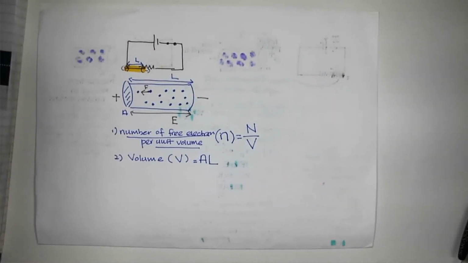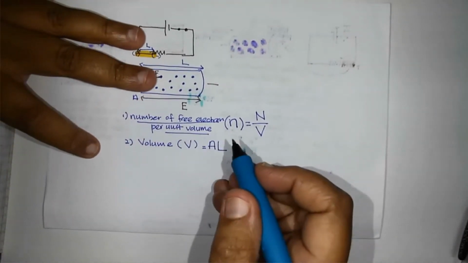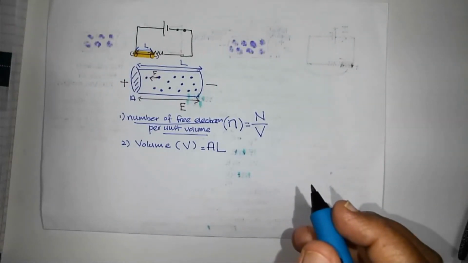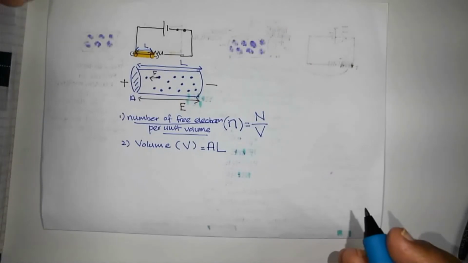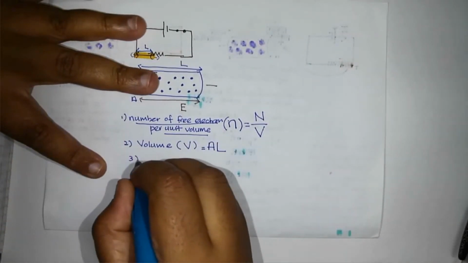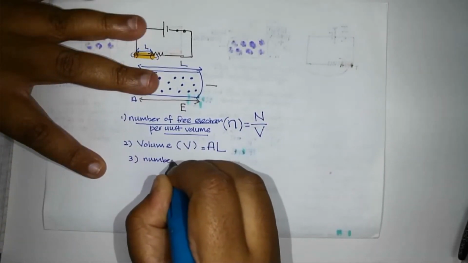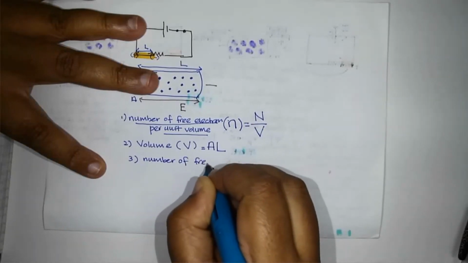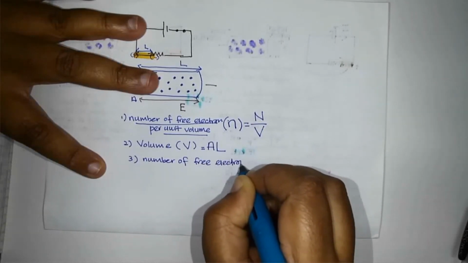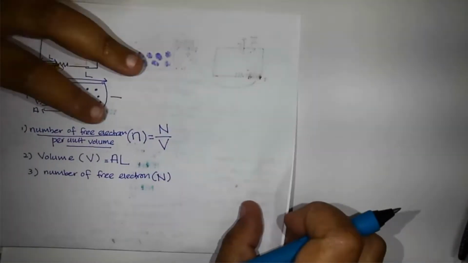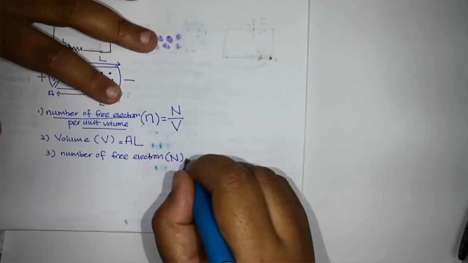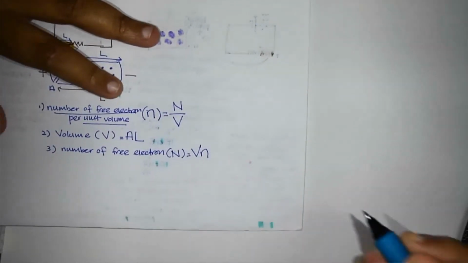Now, number 3: the number of free electrons in the length L of the wire, which is capital N, equals volume times small n.